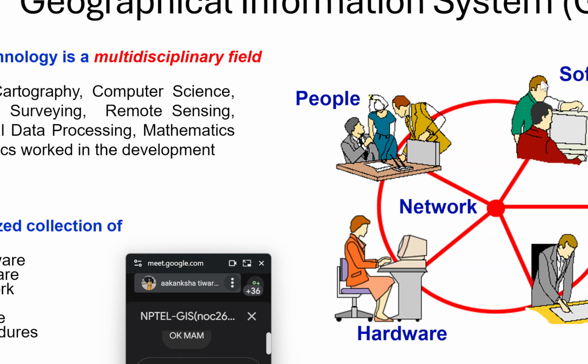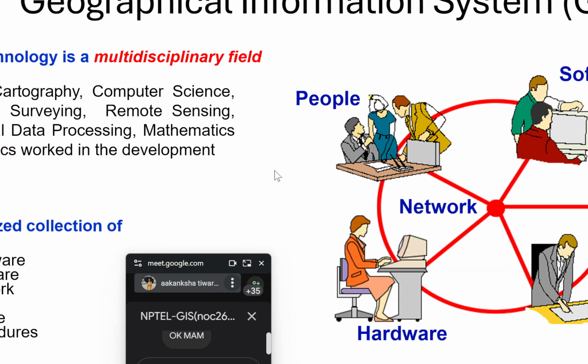And for this technology, you need lots of things: you need software, you need the data. We'll also look at different links, like how you can download different kinds of data, and you need a network of all these things. So it is an organized collection of these five things.